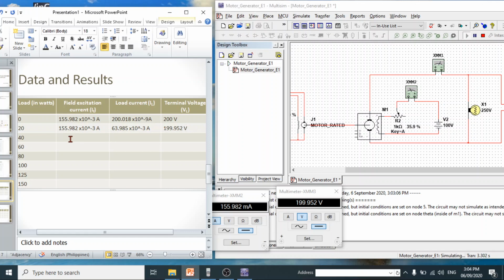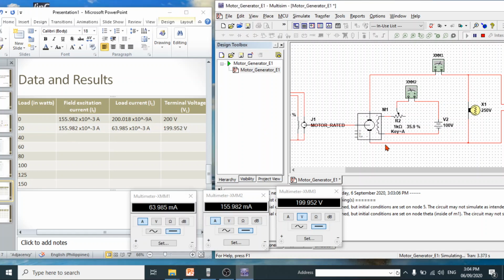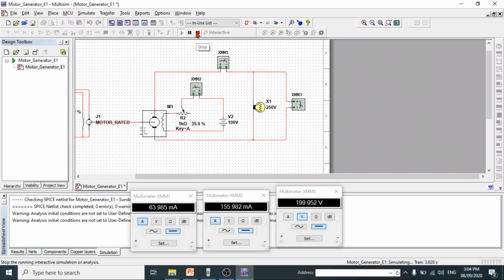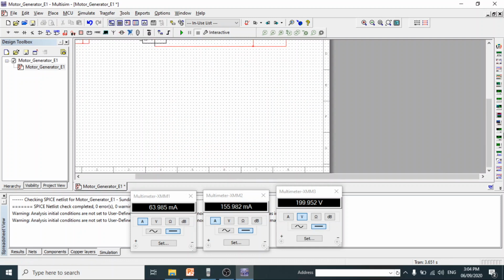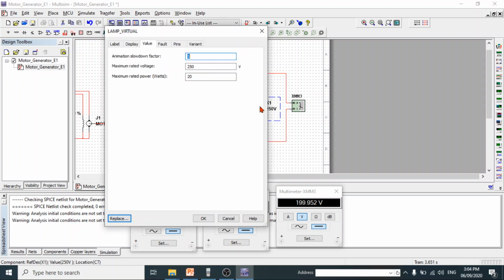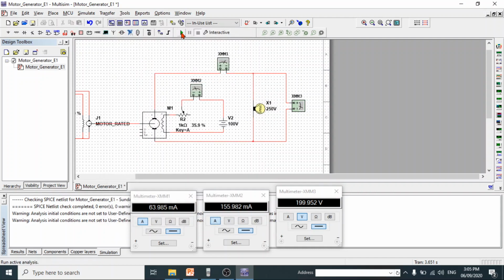Then we change the wattage of the load to the next value. We stop the simulation, double click this one, change it to 40 watts, click OK, and then run.